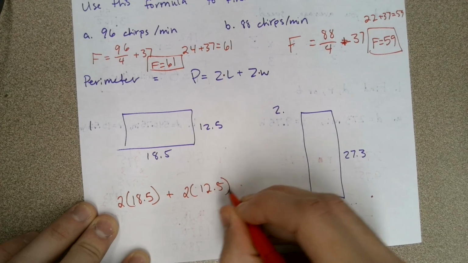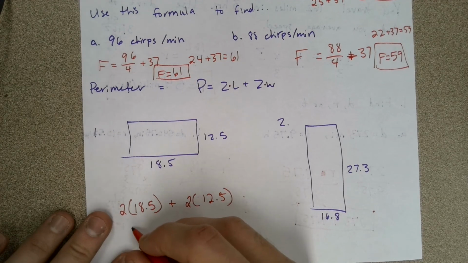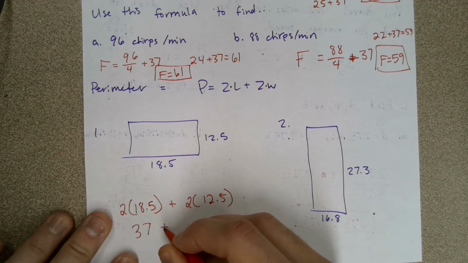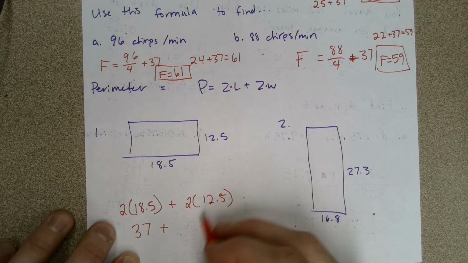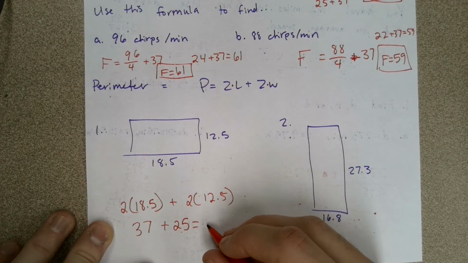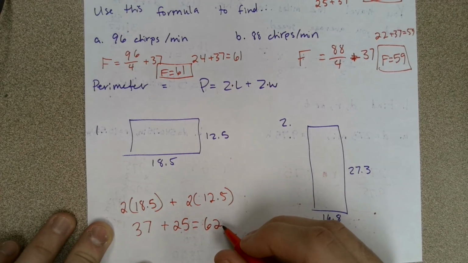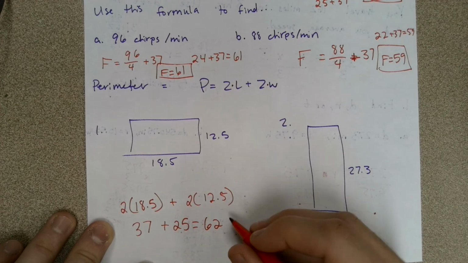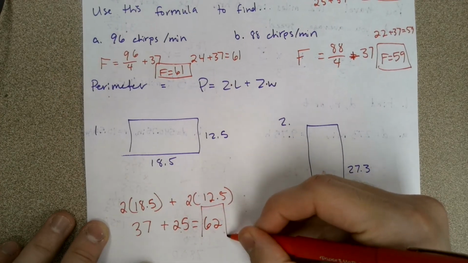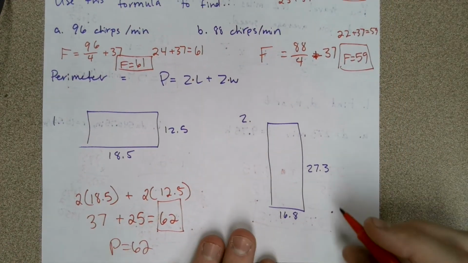A little bit of mental math. 2 times 18.5 is going to be 37, plus 12.5 times 2 is going to be 25, equals 62 again. Look at that. 62 is what our perimeter is. P equals 62.